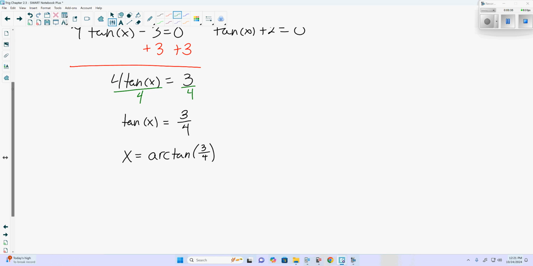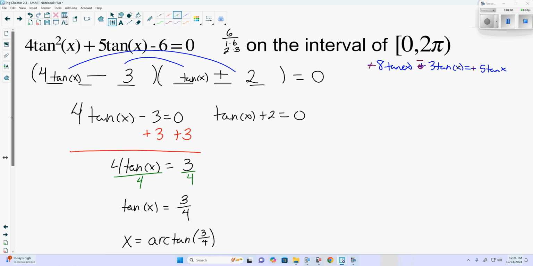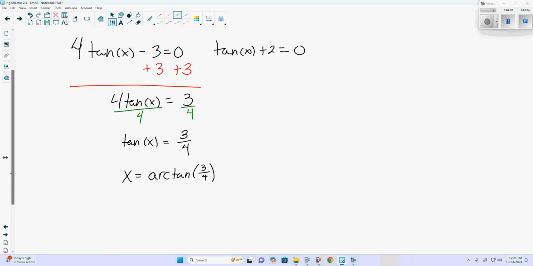Questions on this here so far? And really, I added the 0 to 2 pi, so we'll talk about that here in a second.